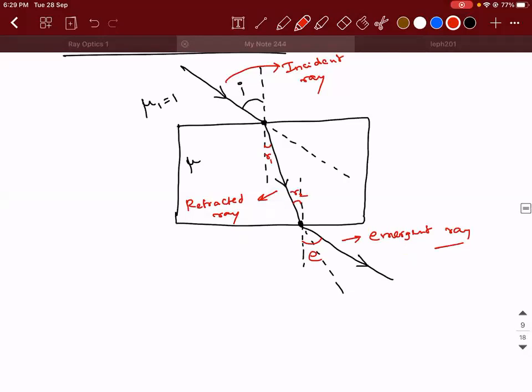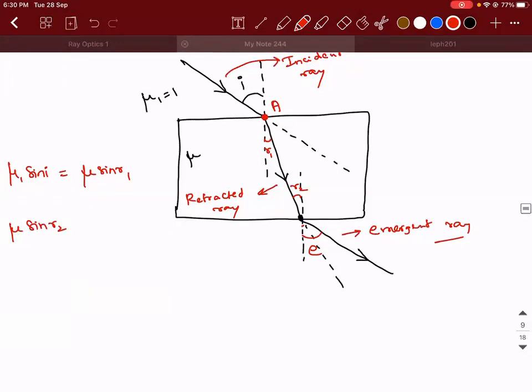Okay. So mu1 multiplied with sine i will be equal to mu into sine of R1 when I apply Snell's law at point A. Accepted? Similarly, when I apply Snell's law at point B, mu into sine R2, mu into sine of the angle in that medium, is equal to mu1 into sine of e.